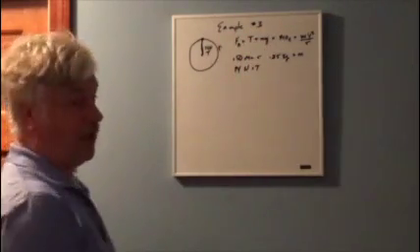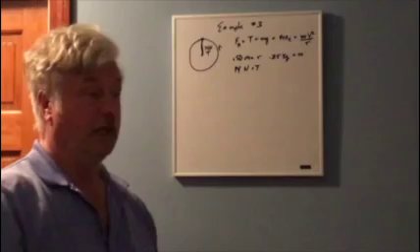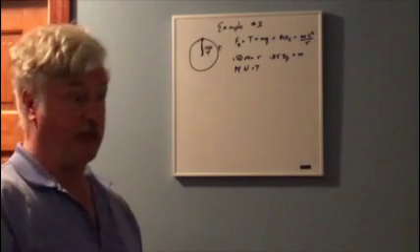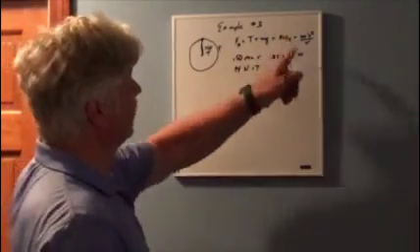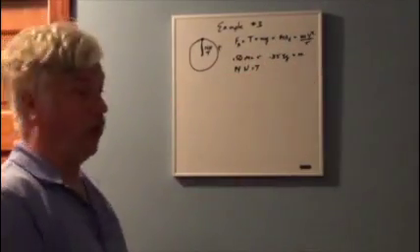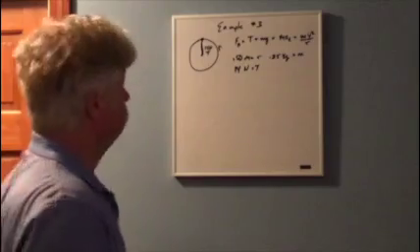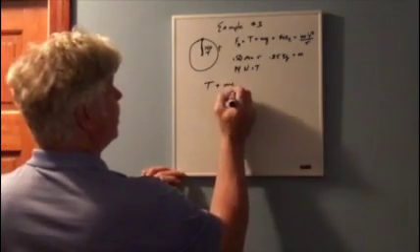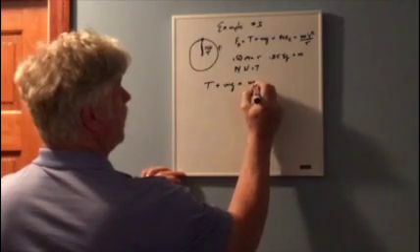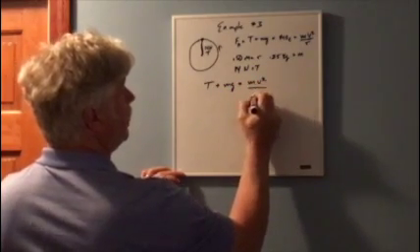And m a_c, well, we know that force net is m a_c, Newton's second law, and we know that centripetal acceleration is v squared over r. So we've got this pretty easy here. T plus mg equals mv squared over r.